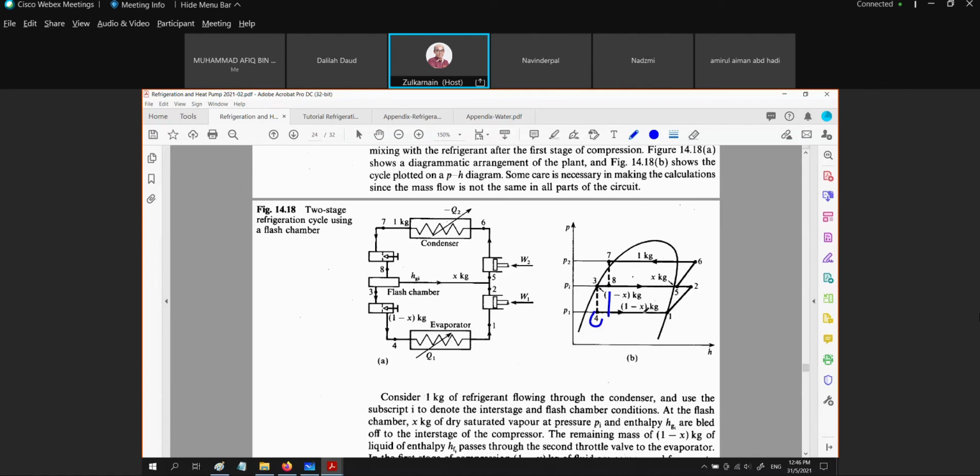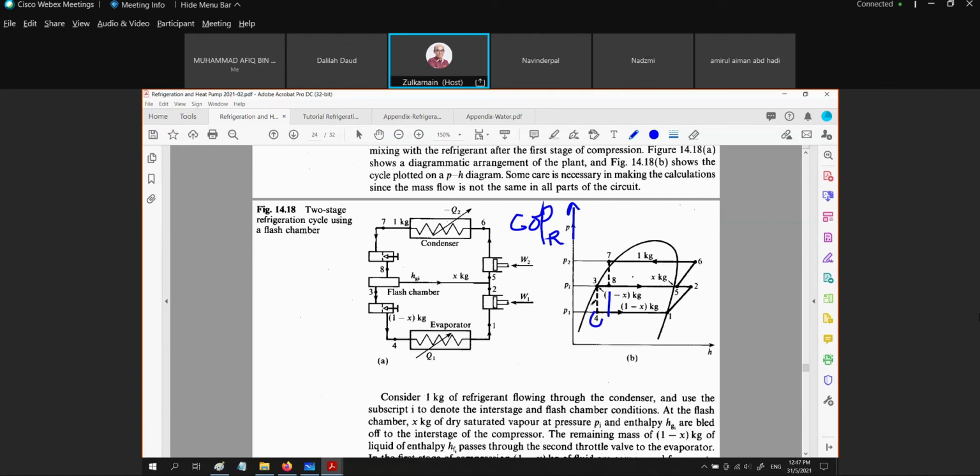Therefore, this particular refrigeration plant is to increase the COP. Okay, so this new cycle with new schematic is purposely to increase the COP, by increasing the Q41, the refrigerating effect, while maintaining the same power input to the compressor. Right?